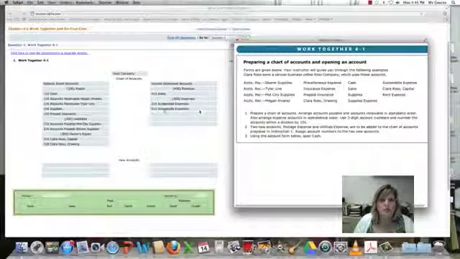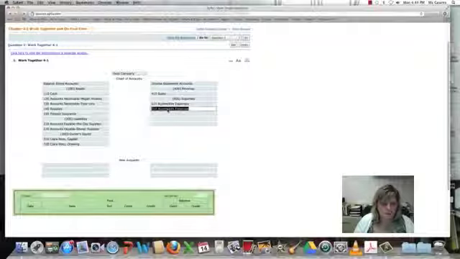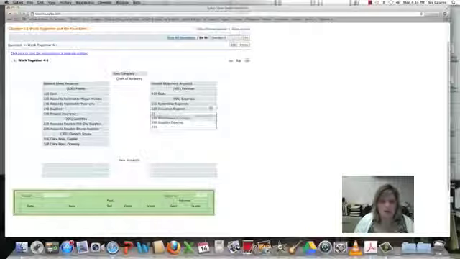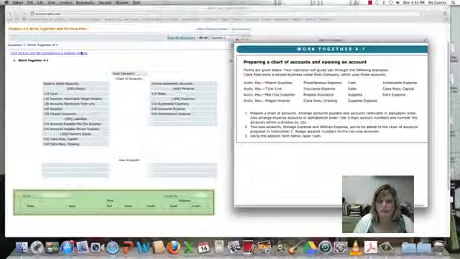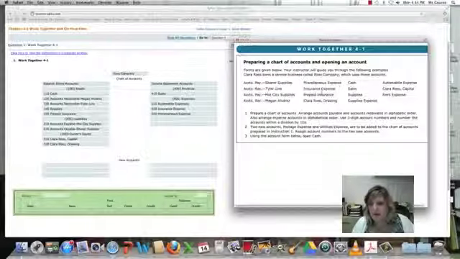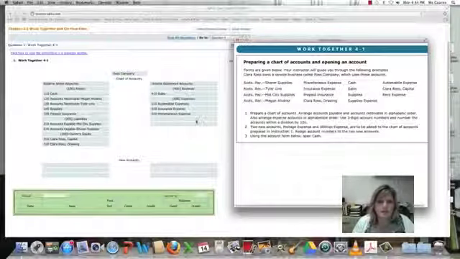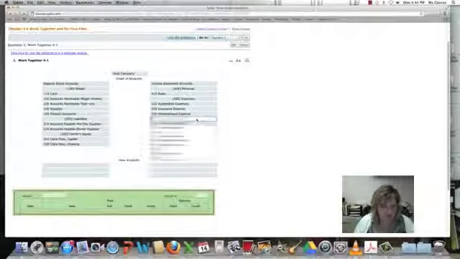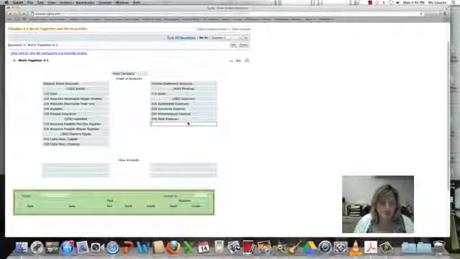Then 520 will be insurance expense. 530 will be our miscellaneous expense. 540 will be rent expense. And then 550 will be our supplies expense. So that finishes up our expense accounts.